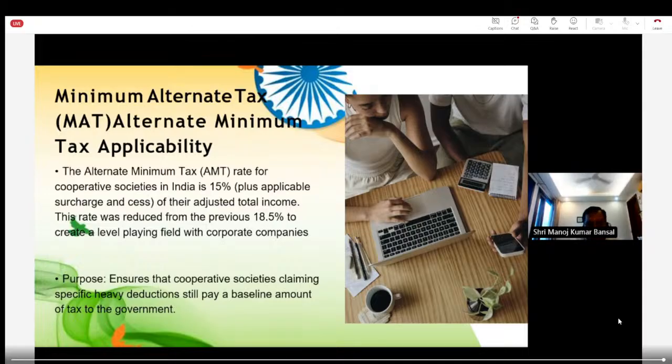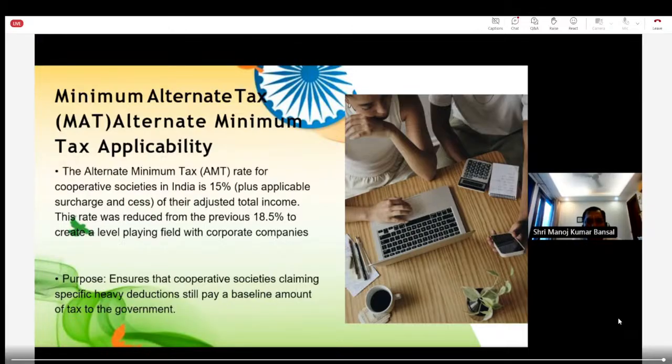A small view on minimum alternate tax also. Minimum alternate tax is applicable to companies, whereas alternate minimum tax is applicable to cooperative societies. The alternate minimum tax rate for cooperative societies in India is 15% plus applicable surcharge and cess of their adjusted total income.